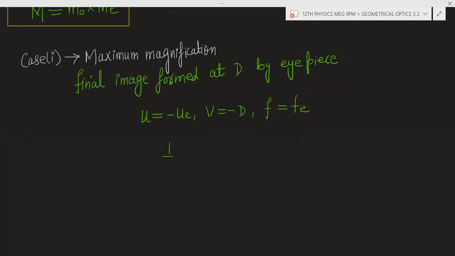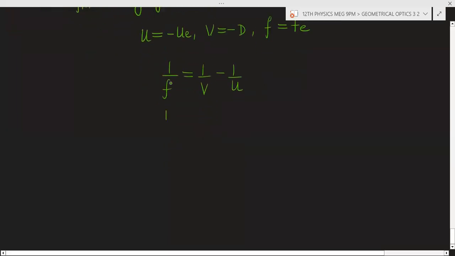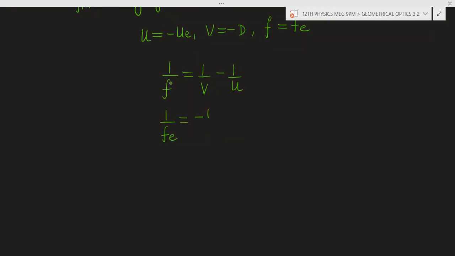So apply this formula, 1 upon f is equal to 1 upon v minus 1 upon u. So it will be 1 upon fe, instead of 1 upon v, minus 1 by D, minus 1 upon minus ue.